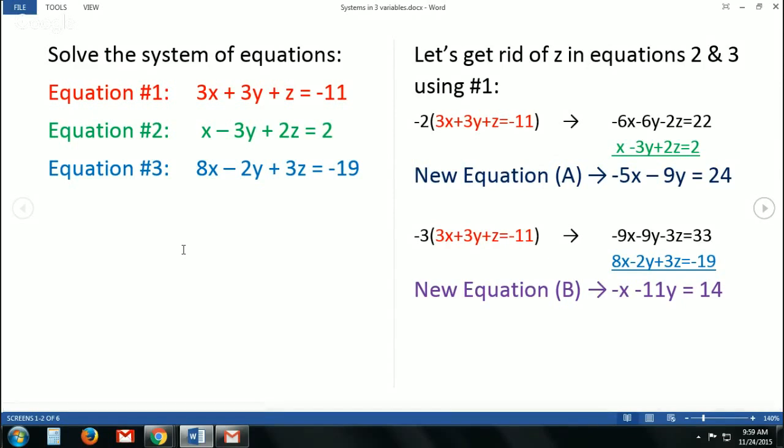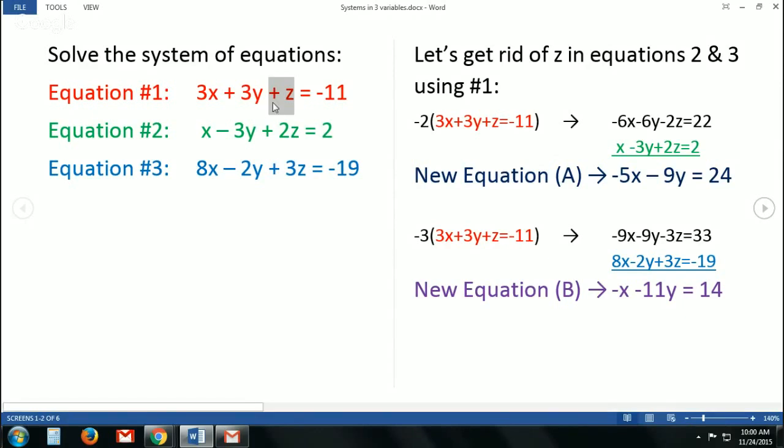Now, when I look at this system of equations, the thing that makes me choose to do the elimination method to solve it is I notice this plus 1z back here on the back of equation 1. Having a 1 as a coefficient somewhere will make it easy for us to eliminate that variable from the other two equations by just creating opposites.